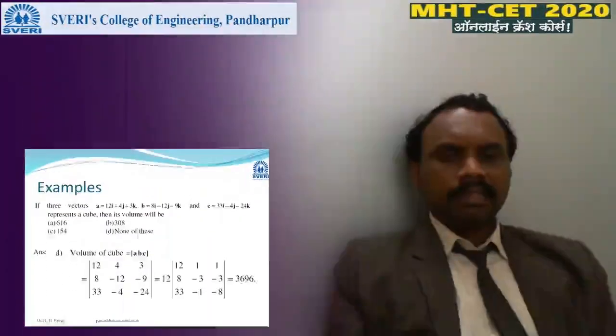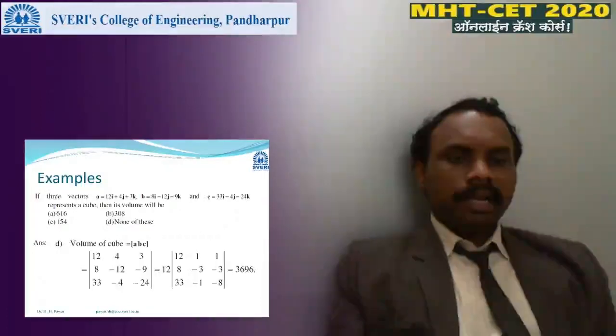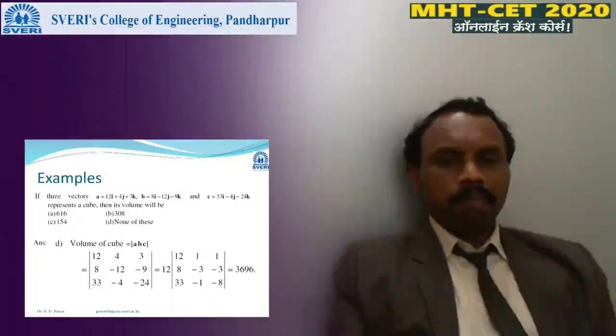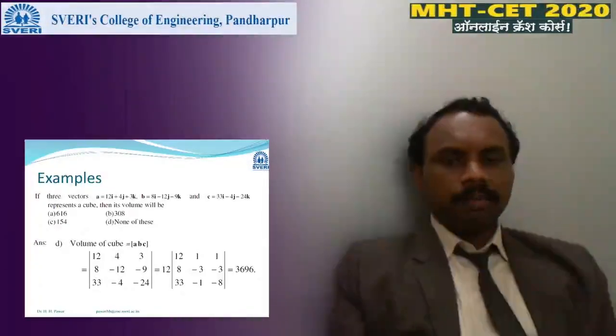Now the next one: if three vectors A equal to 12i plus 4j plus 3k, B equal to 8i minus 12j minus 9k and C equal to 33i minus 4j minus 24k represent a cube, then its volume will be? As we know, the volume of a parallelepiped is equal to the box product of A, B, C, and a cube is a special type of parallelepiped.